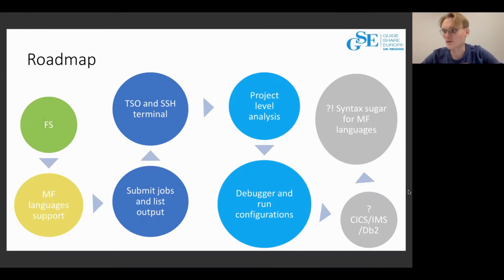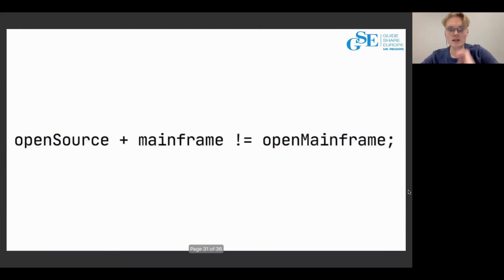So this last point comes from our vision on open source in mainframe. Let's take a look at this sentence. If you simply put open source and the mainframe together, you will never get an open mainframe. You will just make mainframe more pleasant for those who have already joined the mainframe world, but still not for the rest of the developers, especially for newbies.